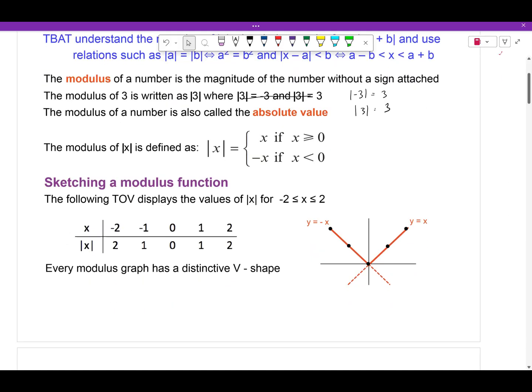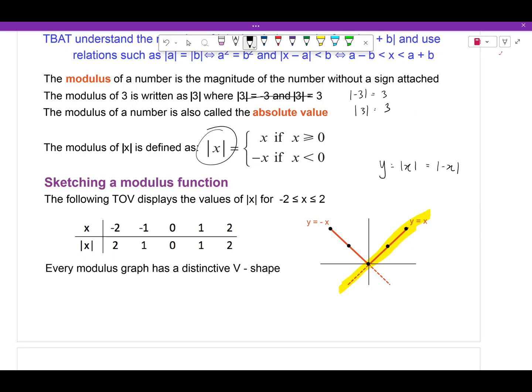In terms of algebra, when sketching the graph, supposedly if y equals x, it should look like this, right? But because it becomes absolute x, everything that's negative just becomes positive. So we can say that y equals absolute x is also equal to absolute negative x.